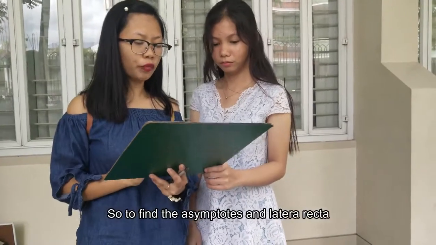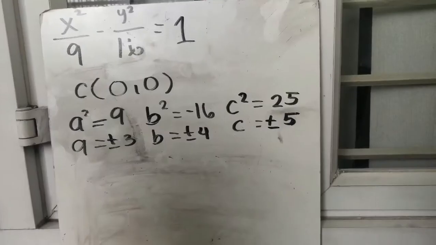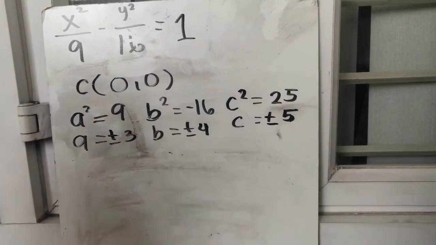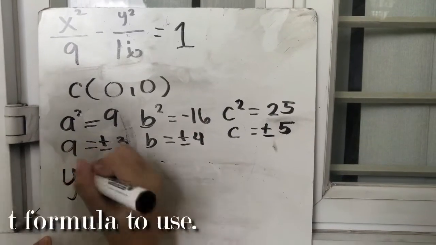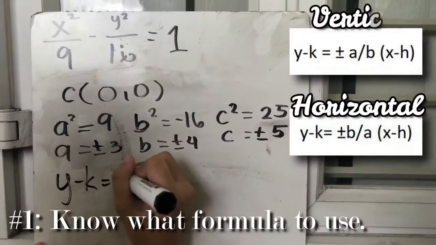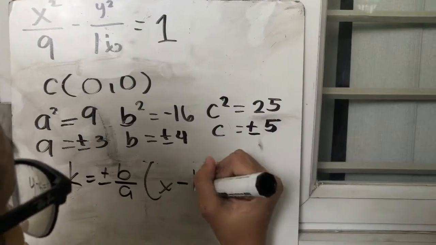So, to find the asymptotes and the lateral recta, you will use the equation of asymptotes. We need to use the horizontal equation, which is y minus k equals positive negative b over a times x minus h.